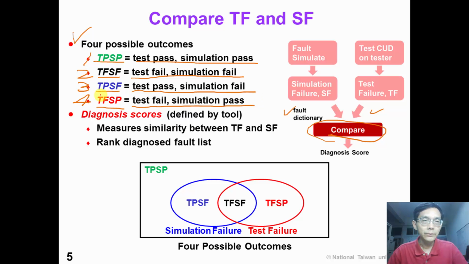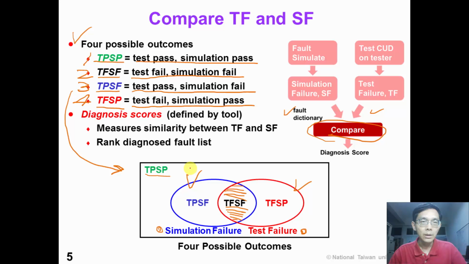According to these 4 categories, we can draw this simple conceptual diagram. In this diagram, the blue circle represents simulation failure, and the red circle represents test failure. We have TFSF in the intersection. Outside of the circles, we have test pass and simulation pass.